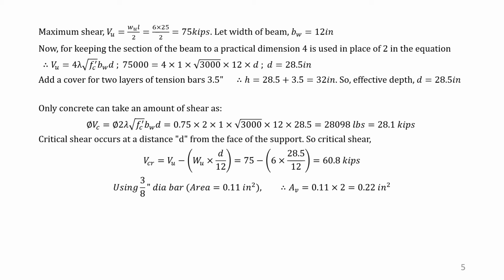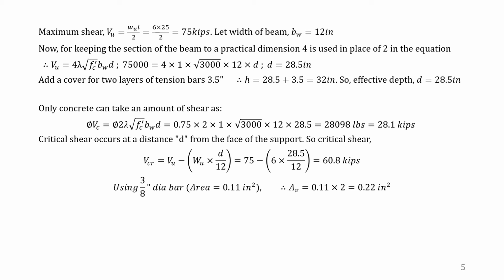We have to calculate the shear reinforcement for the 60.8 kip only, not the 75 kip. And this is the critical one, and here the stirrups will be closely spaced. These stirrups here we have to use closely spaced.